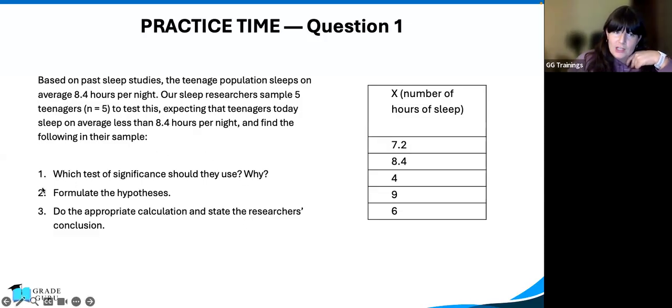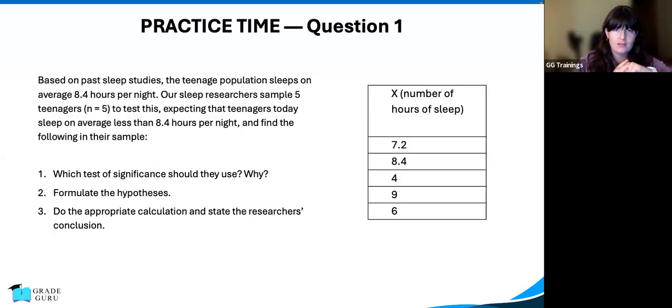But the fact that the questions themselves, so these 1, 2, 3, which test of significance, formulate the hypotheses, this tells you this is a test of significance. Cool. And how many variables are involved? Only the one. How is it measured? As a ratio variable. So all of these things point towards the one sample t-test.